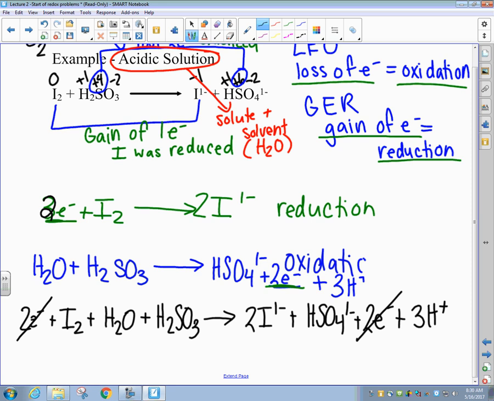The number of electrons should always cancel out, and electrons should never be in your overall equation. I have iodine on the left. There's nothing to cancel it out on the right. I have water on the left, no water on the right. Sulfurous acid, no sulfurous acid on the right. Okay, so everything at this point has been combined as much as it could, and my overall chemical reaction will look like this.